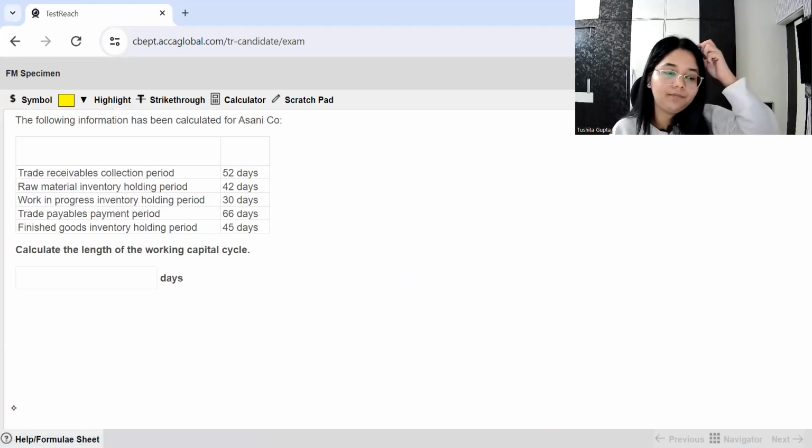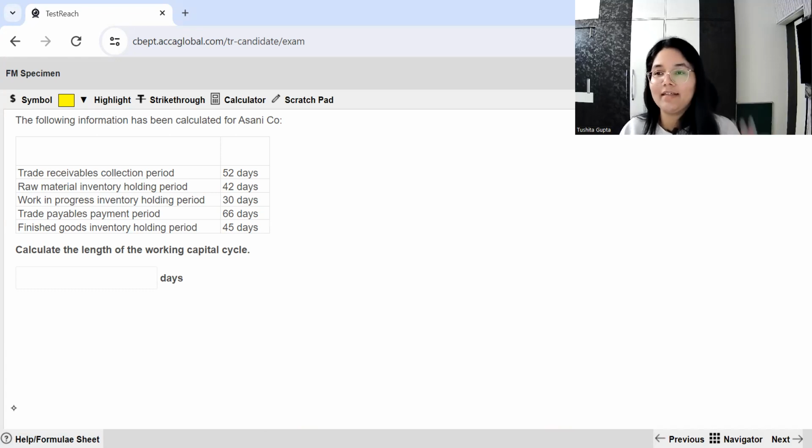Moving ahead, we have to find out the length of the working capital cycle. Everything has been solved and presented to us on a tray. So these are free 2 marks. A very easy way to remember the formula is that everything which is your asset is going to be added and everything which is your liability is going to be subtracted. Receivables collection period, receivables are my assets, so this is plus.